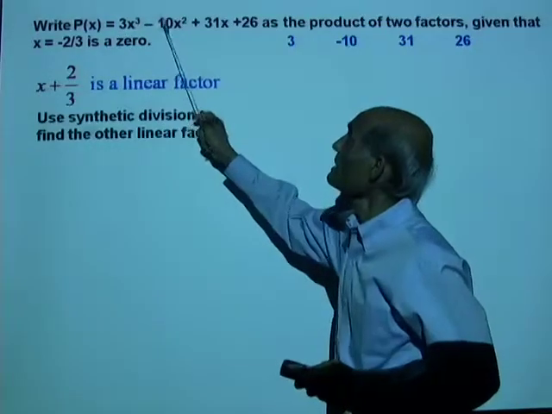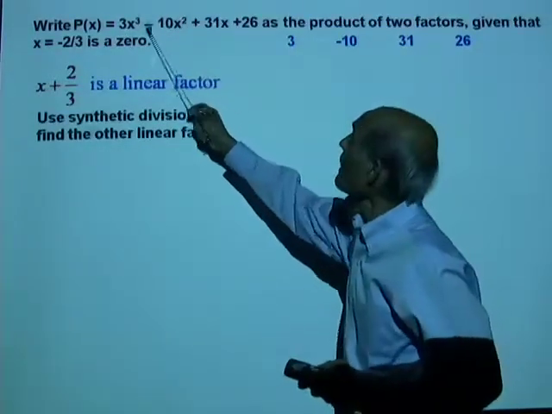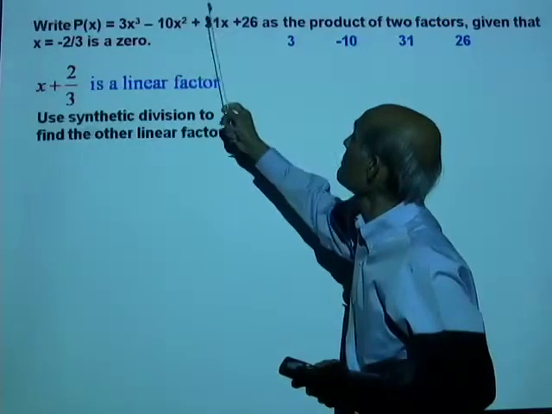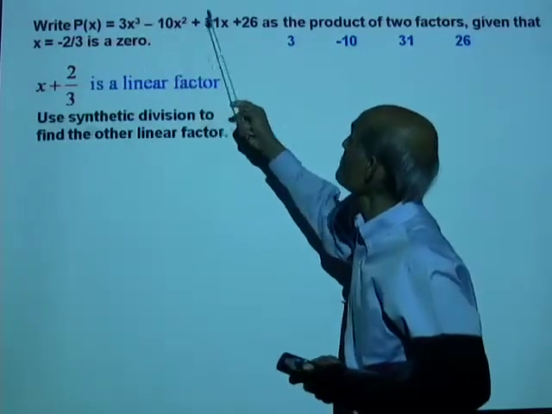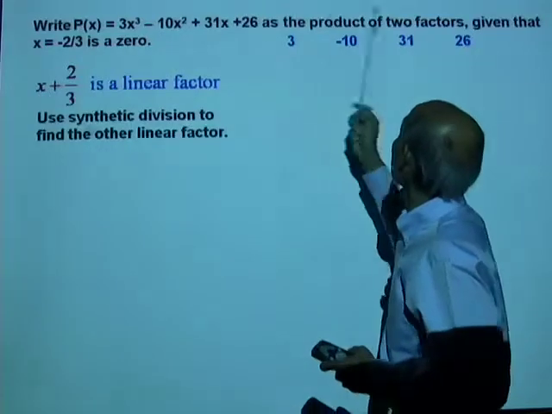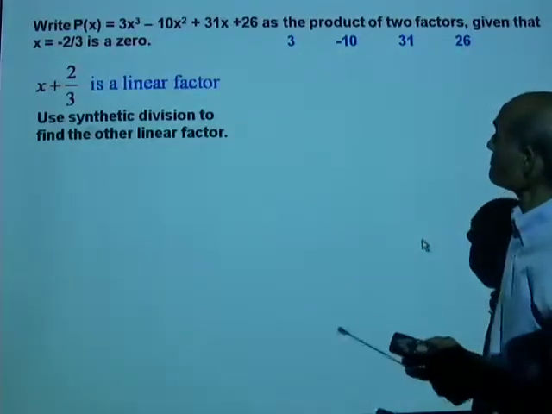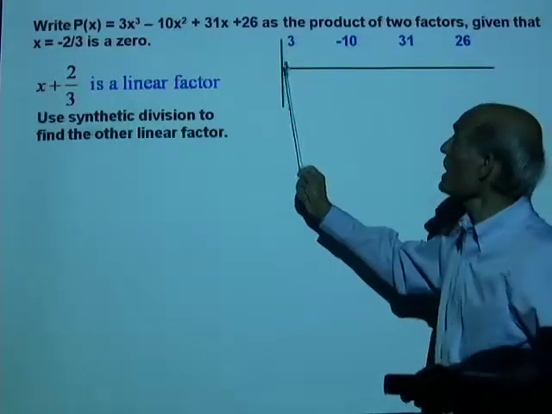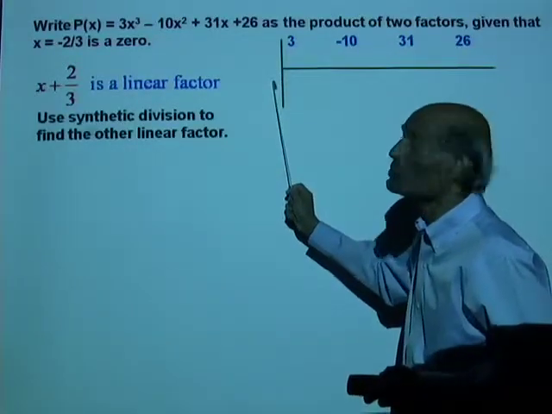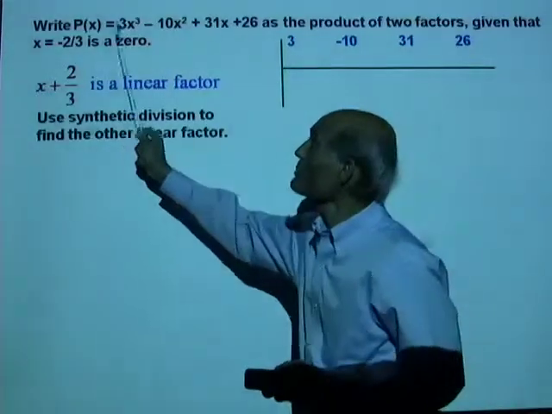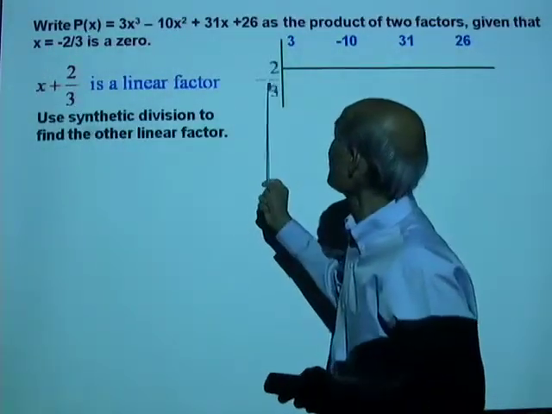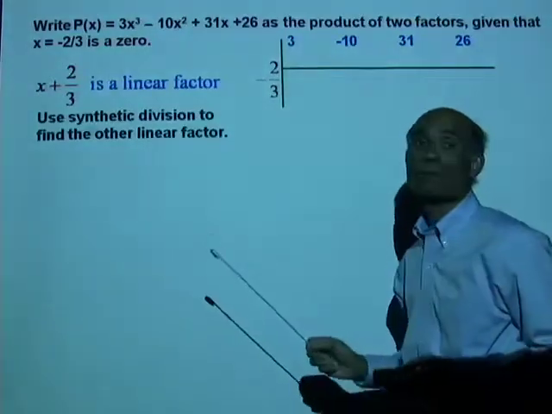It will be 3, negative 10, all the terms are there: 3, negative 10, 31, 26. Alright, we have the horizontal line, the vertical line. What is the number that we're going to use here? The number is the 0, that is negative 2/3. So that's negative 2/3 there.